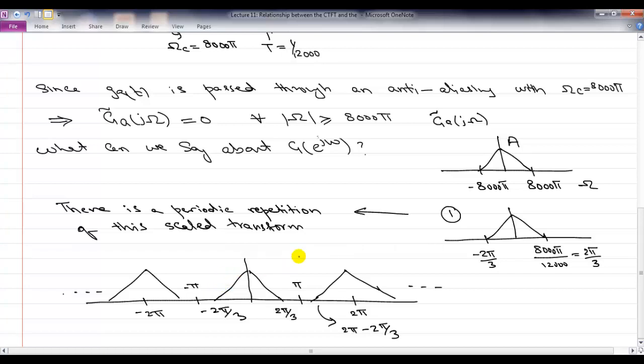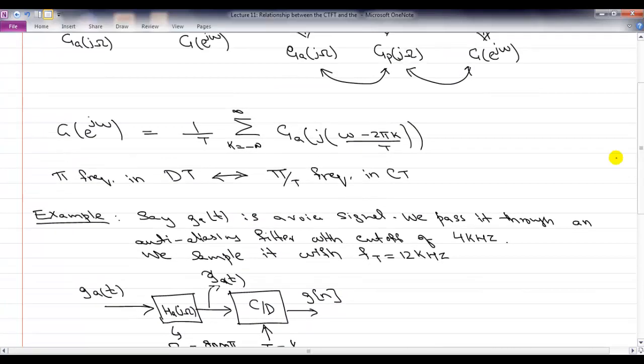And the final step is, so this is the second step. And the final thing that you need to account for is this 1 over T factor. Okay? So the first step basically accounted for the scaling. The second step that we did accounted for this periodic repetition and the summation.